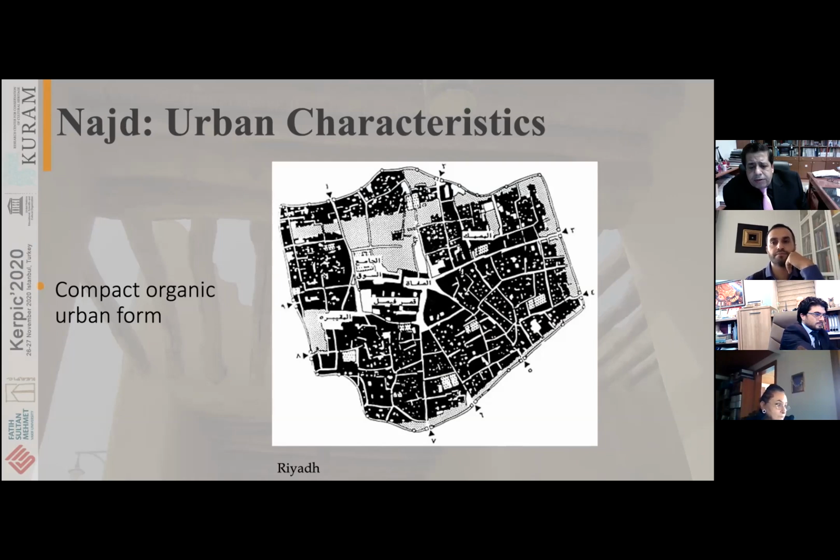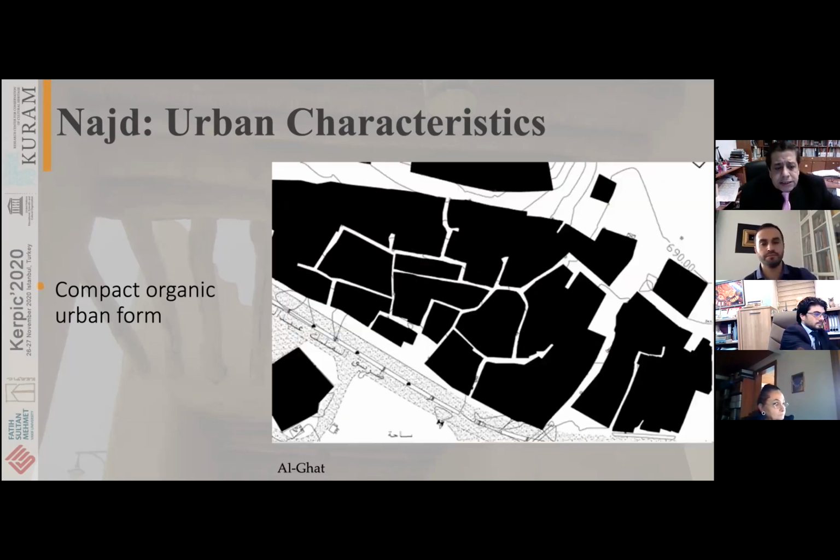And that's one of the major features of the urban environment of Najd settlements. We have here a little town called Al-Ghat. We see buildings attached to each other with some narrow zigzag alleys that penetrate the neighborhoods.